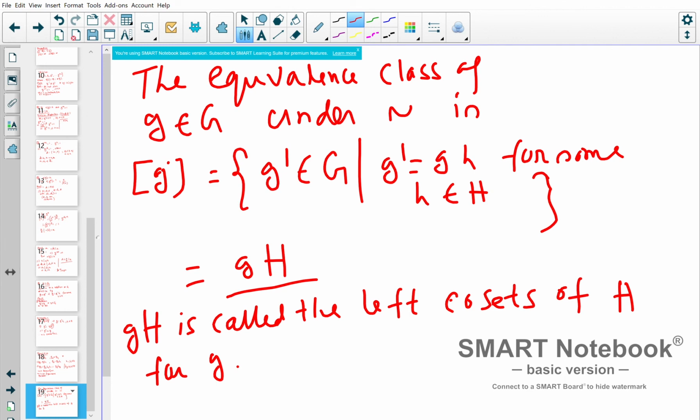Now again, you remember that an equivalence relation does one more thing.